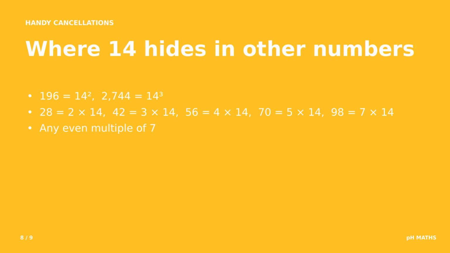Where 14 hides: 196 is 14 squared, 2744 is 14 cubed, 28, 42, 56, 70, 98, all multiples of 14. And any even multiple of 7 is automatically a multiple of 14. So if you see 28 in a factor question, that's 2 times 14 or 4 times 7, depending on how you want to break it down.